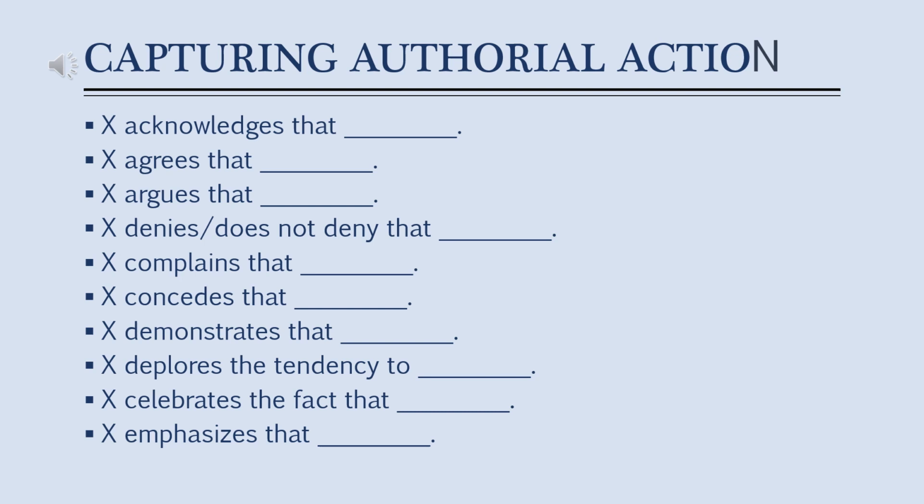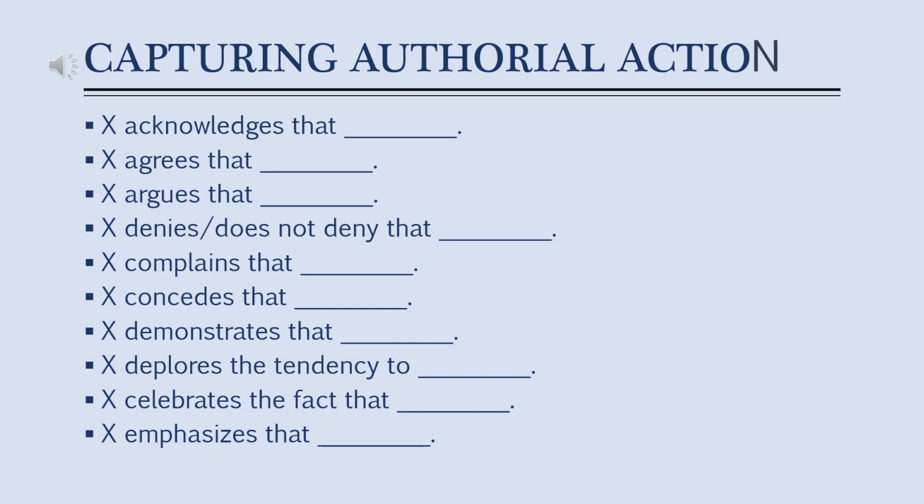Again, signal phrases are important because they help us show our audience how to receive the information. How does it tie into our purpose and our argument? So I am offering a list of signal phrases for you to begin to utilize from the book They Say, I Say in this list.